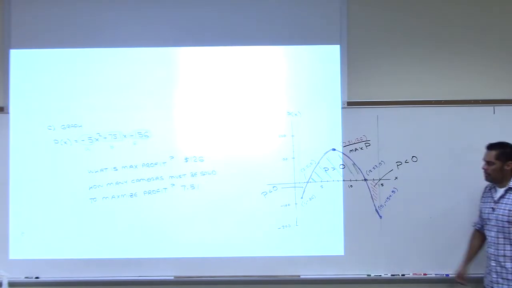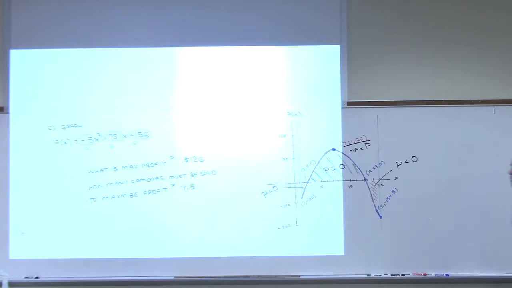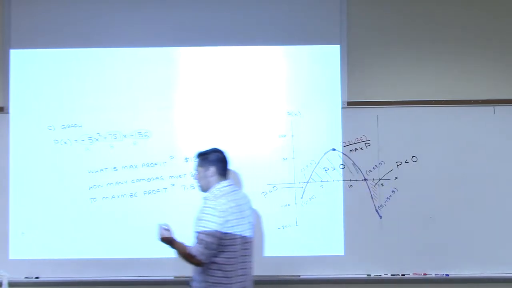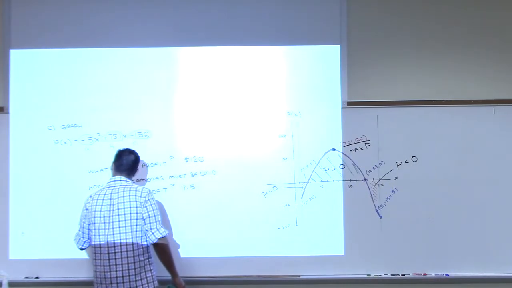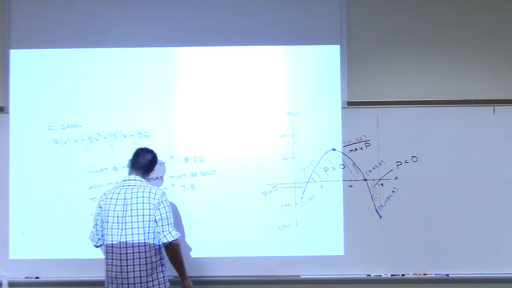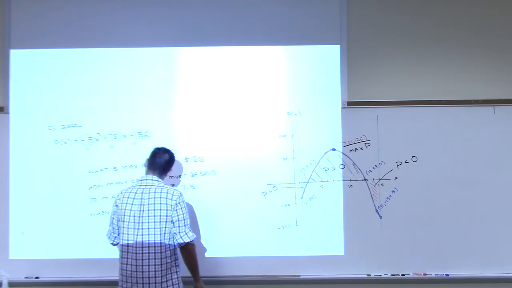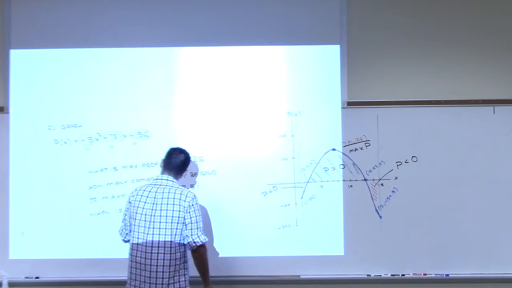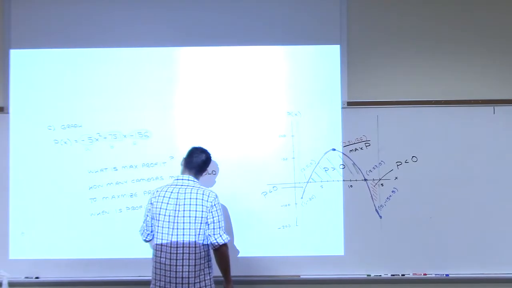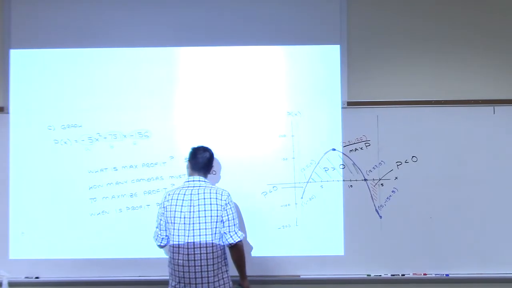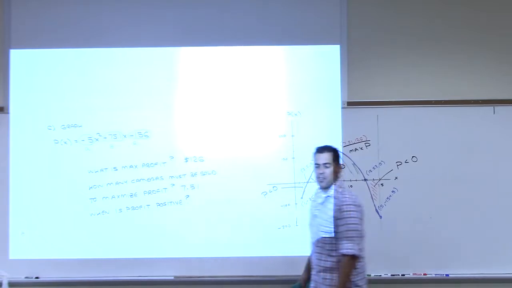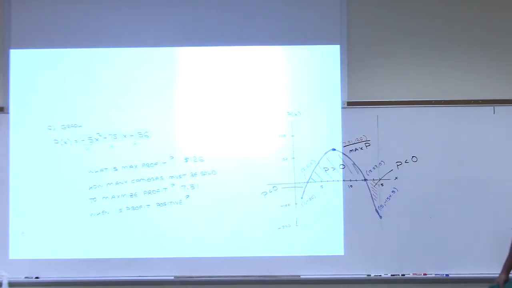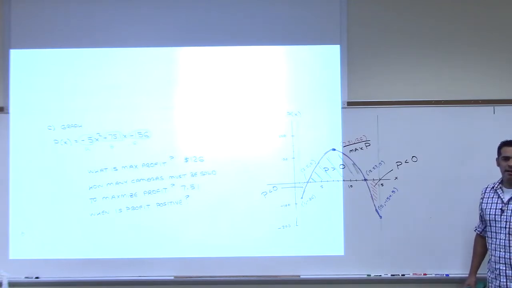Make sense? If I ask, when is profit positive? If I ask, when is the profit positive, you would tell me what? Between 2.5 and 12.5 cameras.